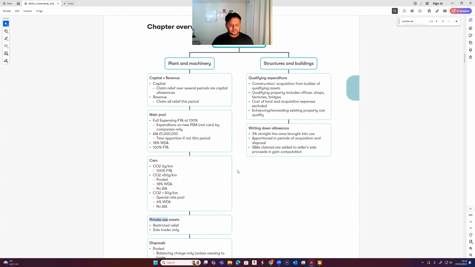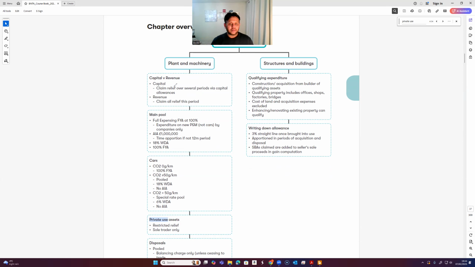So we have here, the first one is the plant and machinery. Now, the definition of plant and machinery, I don't have to really explain. All you have to remember, if something is movable, it is a plant, and if something is not movable, it is not a plant. I'll go through it a little bit, but for the time being, just understand that.